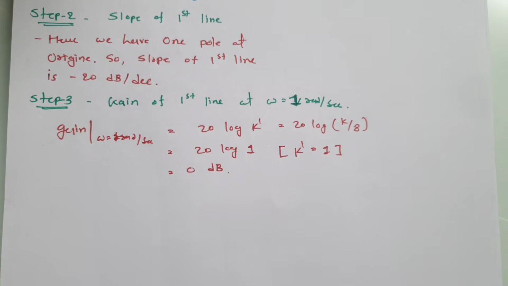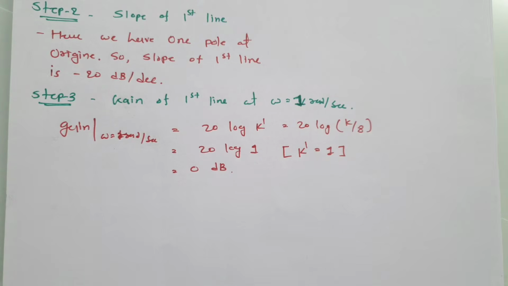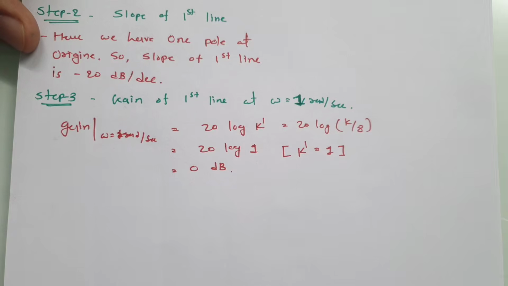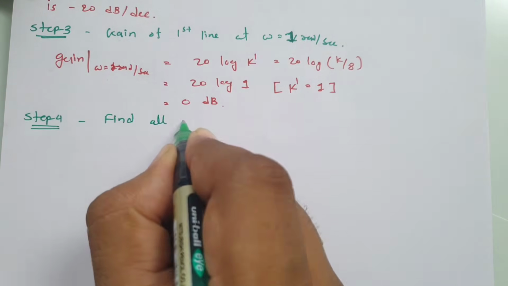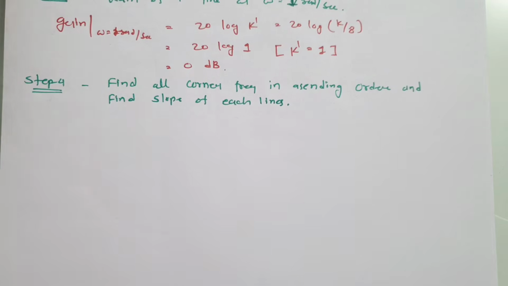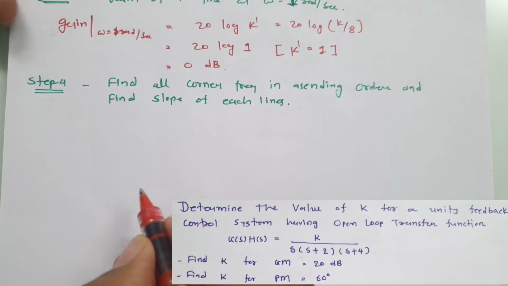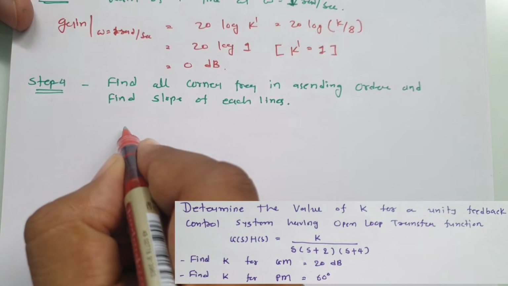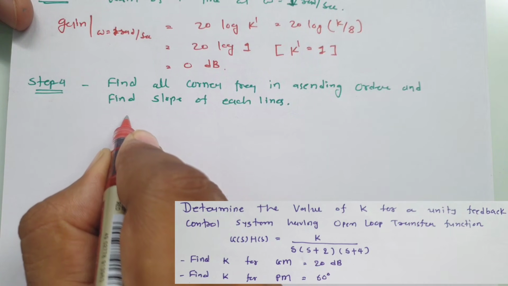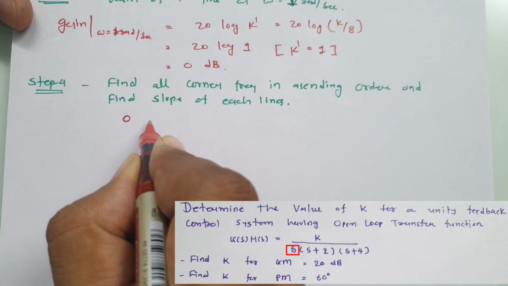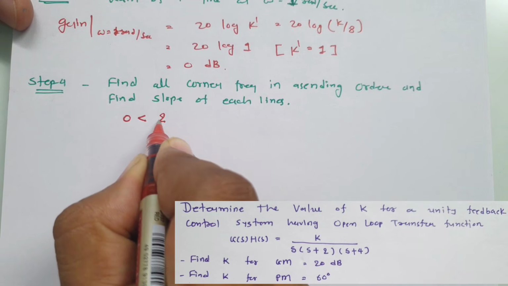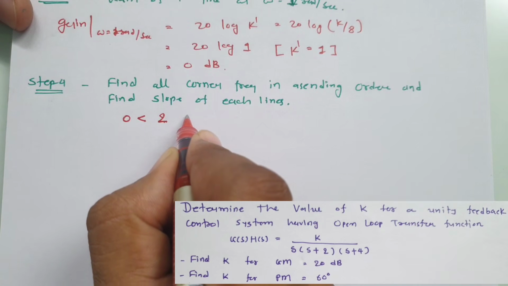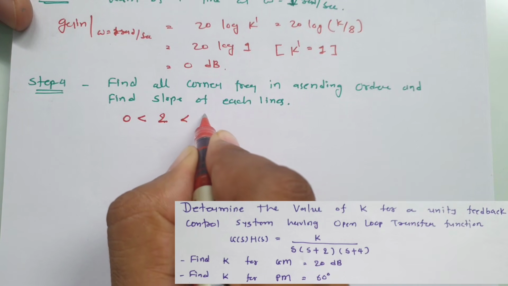Now let us see the fourth step. In the fourth step we will be writing all corner frequencies in ascending order and we will find the slope of each line. From the transfer function we can say the first corner frequency is at the origin, so 0. After that we have the second corner frequency at omega equal to 2, and the third corner frequency at omega equal to 4.